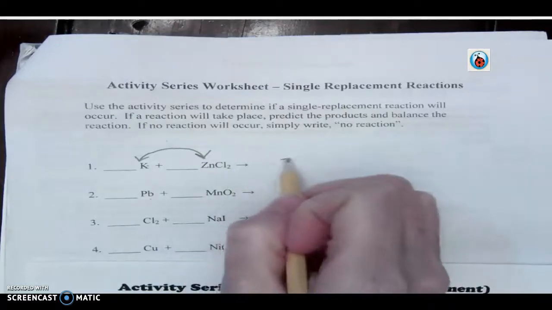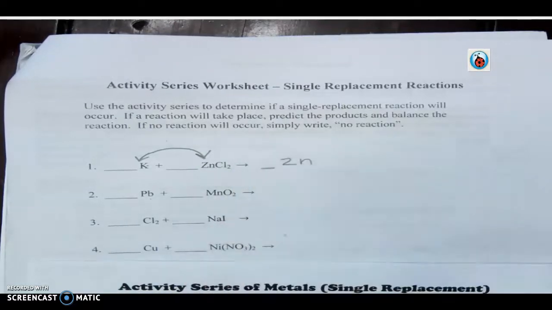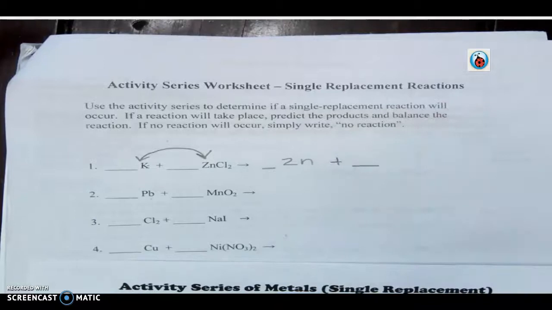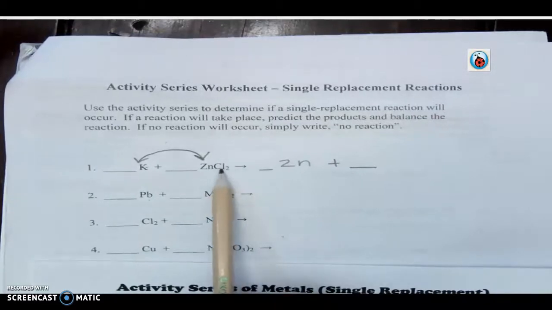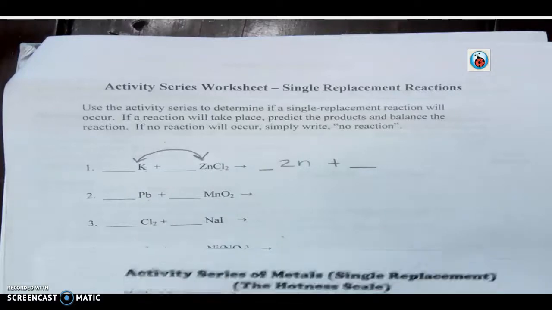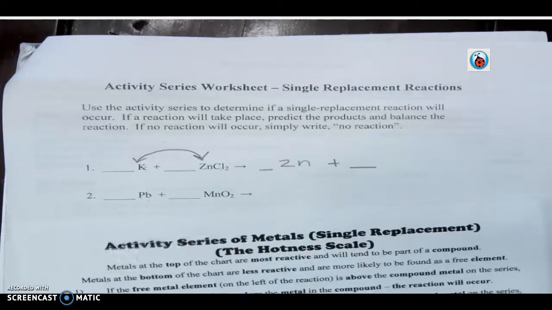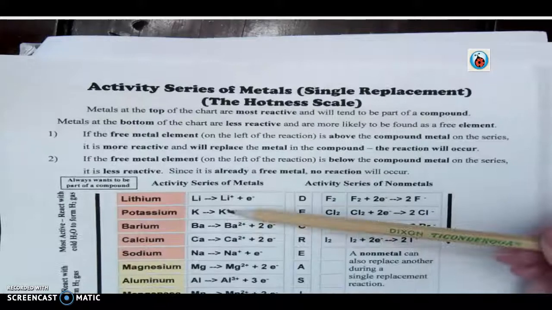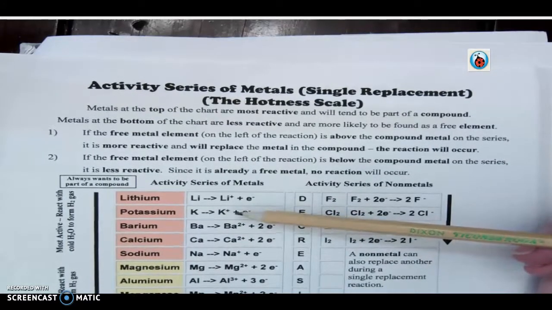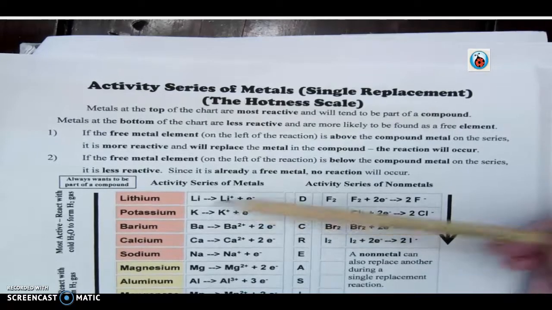So what happens? Well, we're going to push zinc out of the way. Zinc's going to be all alone now. And who is going to hook up with Miss Chlorine? It's going to be Mr. Potassium. So we need the charges from potassium. Potassium's always a +1. It's actually here on this activity series if you don't want to keep looking back at your ion chart.